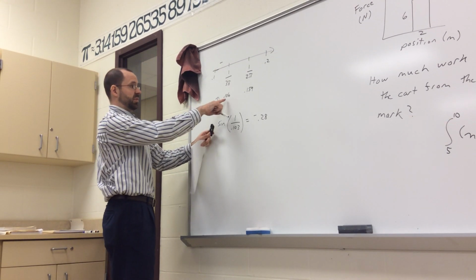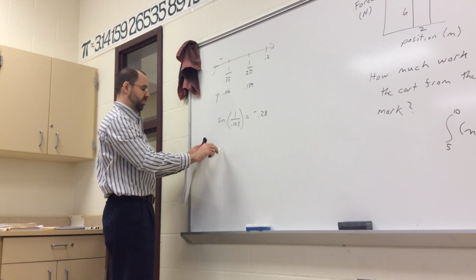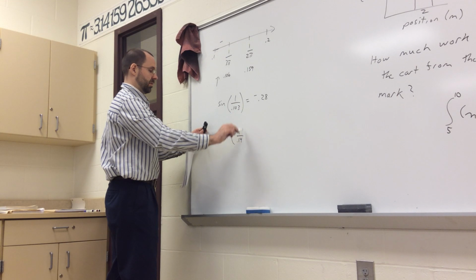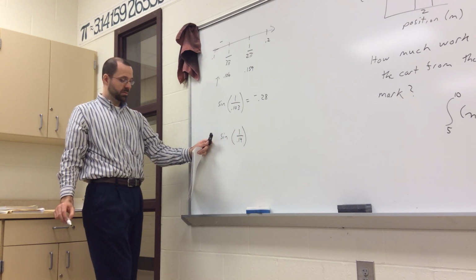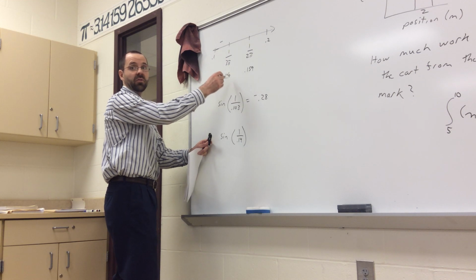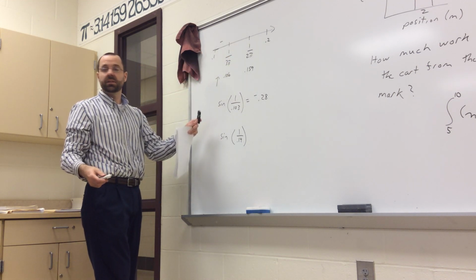Now I got to try something between 0.106 and 0.159, and I use 0.14. So I'm using 0.14 as a representative of that interval to find out what's going on in that interval with my quantity.